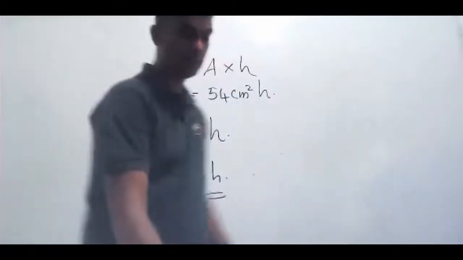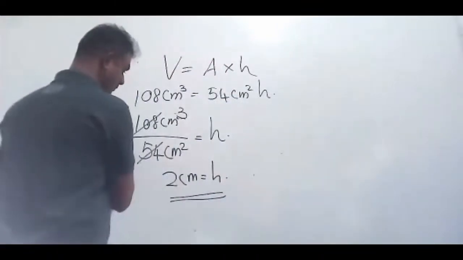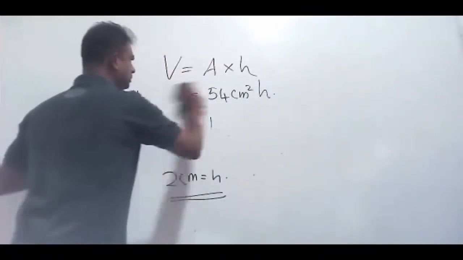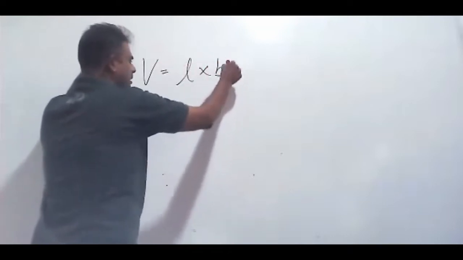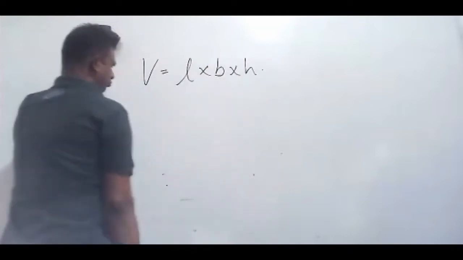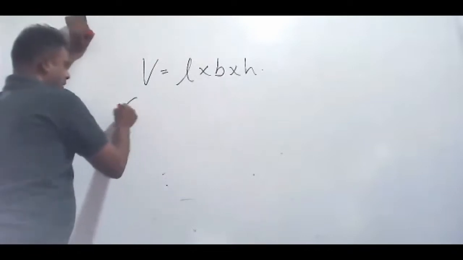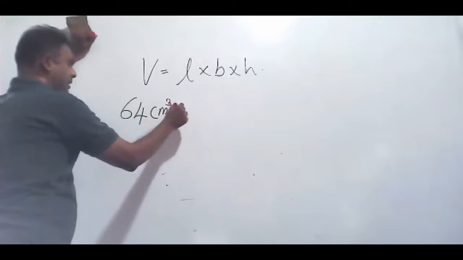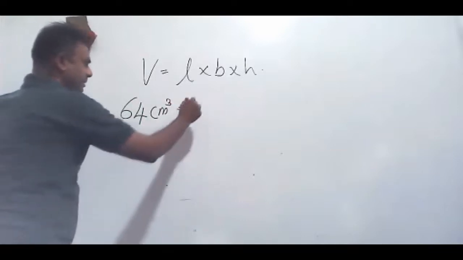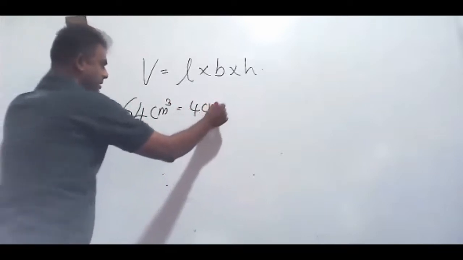Right. See here. V equals length into breadth into height. V is 64 cubic centimeters and length is 4 centimeters.